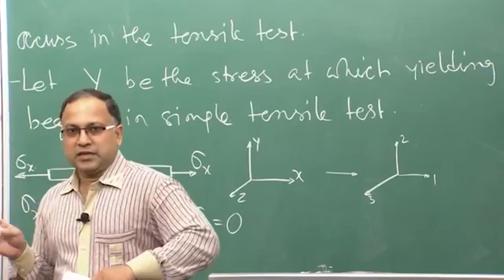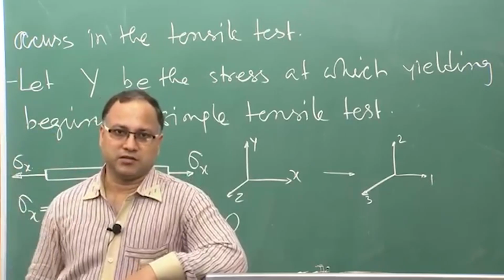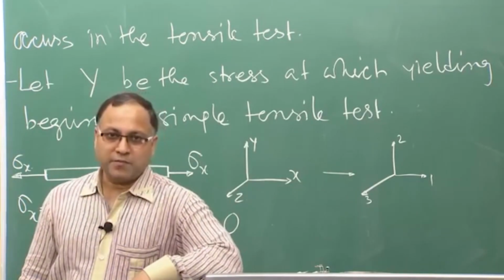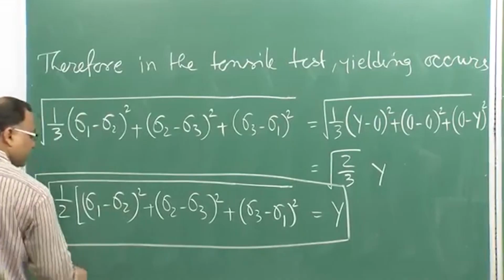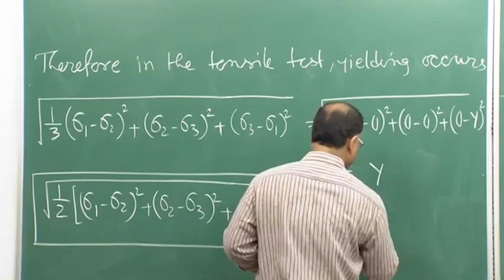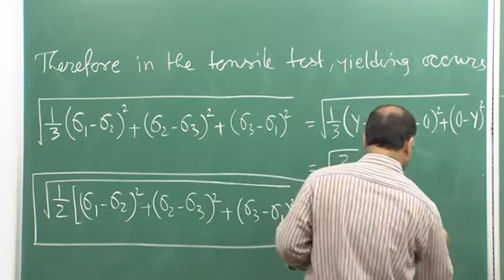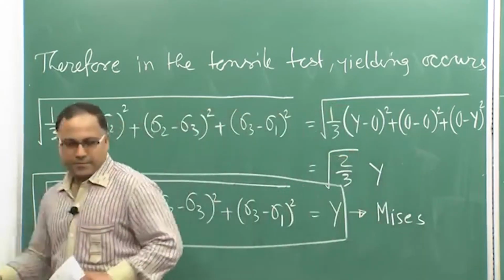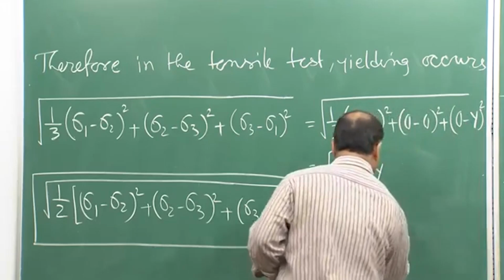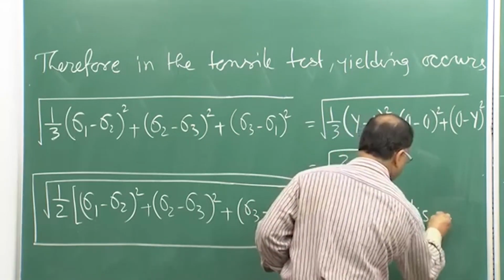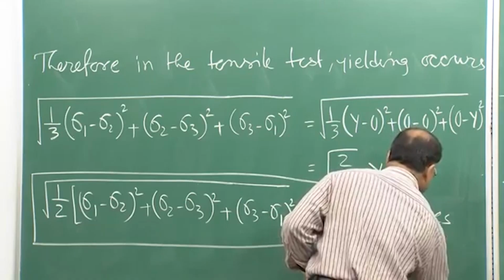So, once you reach that condition or reach that situation, then yielding will initiate for that particular material, okay, because that is coming from the first criteria, and in mechanics, this is known as Mises, simply Mises or say von Mises yield criteria.